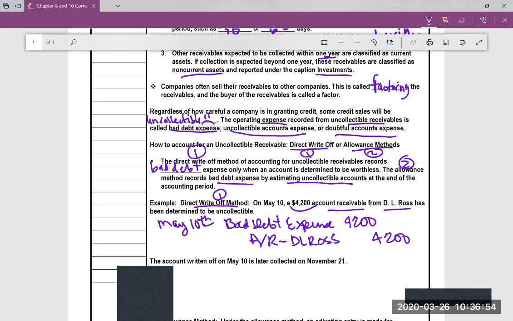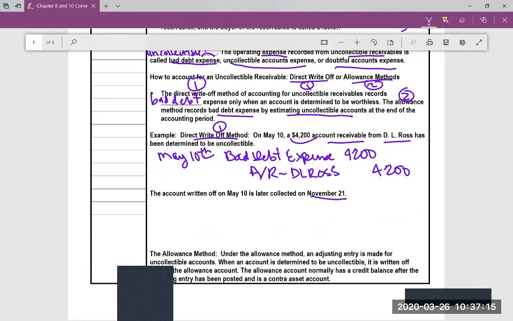So time passes. It's November 21st. D.L. Ross has been able to go ahead and pay that back. Well, you've already written it off. So on November 21st, we're going to reestablish the receivable. Then we're going to apply the payment. There's two journal entries involved.